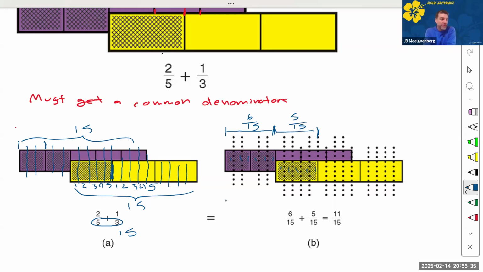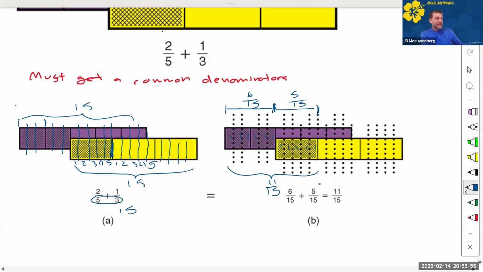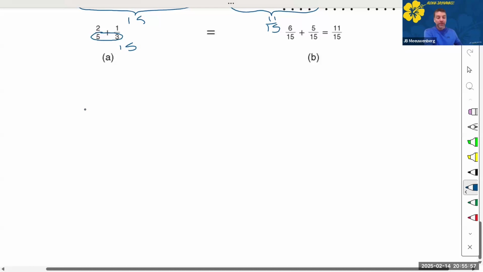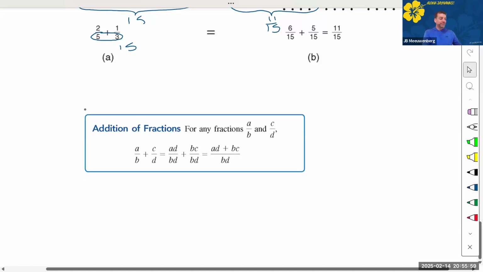And when we add them, when we combine them, this whole section from there to there would be 11 15ths. So again, there's a really good visual demonstration of what's happening when we're getting common denominators in order to add those fractions. And so here is what I would consider a formal definition then of what it means to add fractions with unlike denominators.